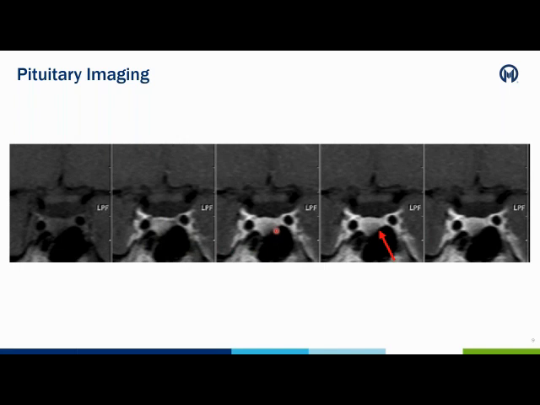And here you can start to see a small area of hypoenhancement, which is highly suspicious for a microadenoma, or a small pituitary tumor. And you can see it here as well. Once the contrast is spread homogeneously, or evenly, throughout the gland, in a more delayed fashion, it becomes a little more challenging to see it.